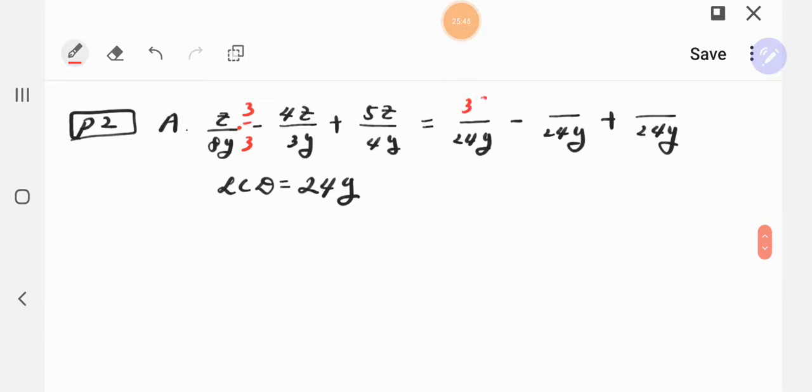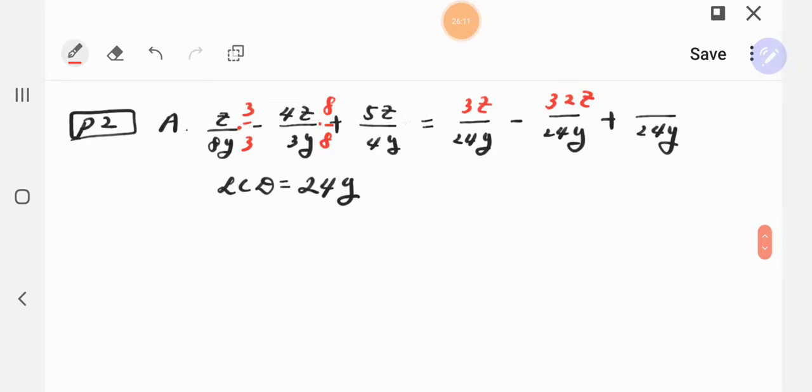So 3z. The second fraction: 3 times what is 24? 8. So multiply the numerator and denominator by 8. So the denominator is 24y and the numerator is 4 times 8, 32z.